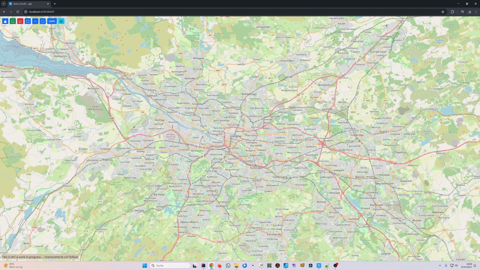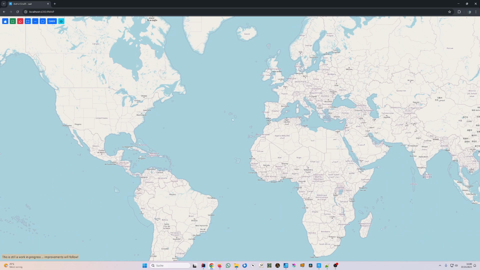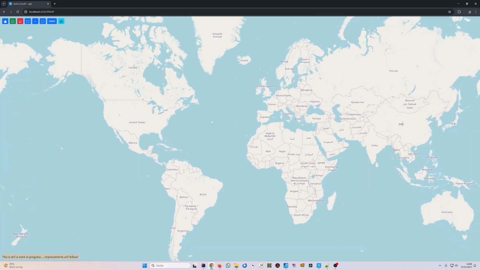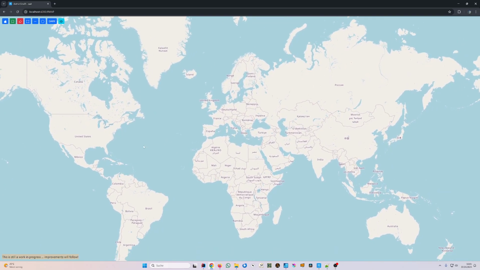You can click on light, and also you have the possibility here to select some bookmarks, like for example world. It is zoomed out to show maybe the entire world. What I would like to show today is how to use analysis in this case.